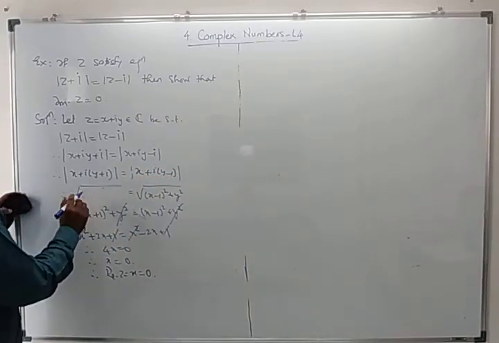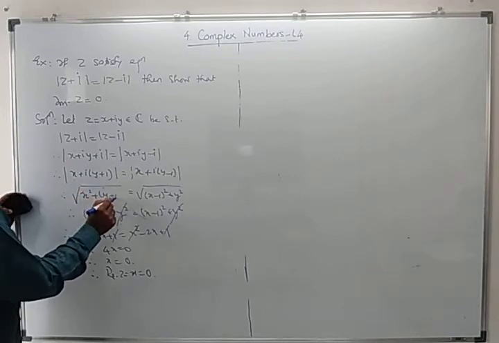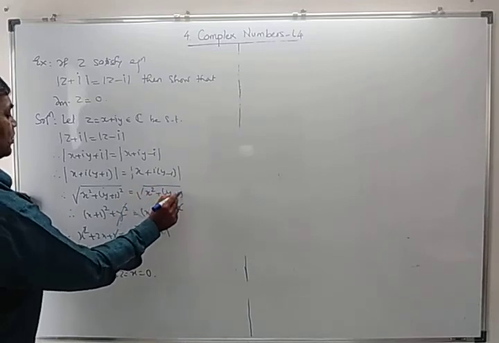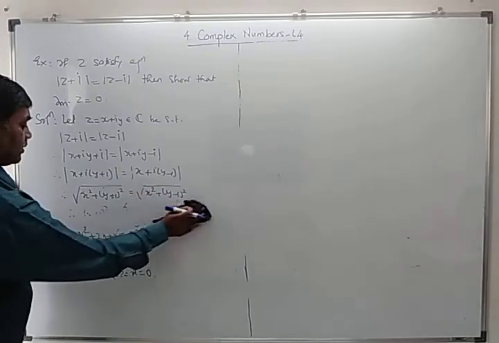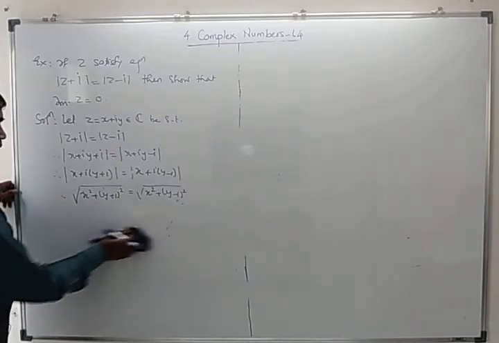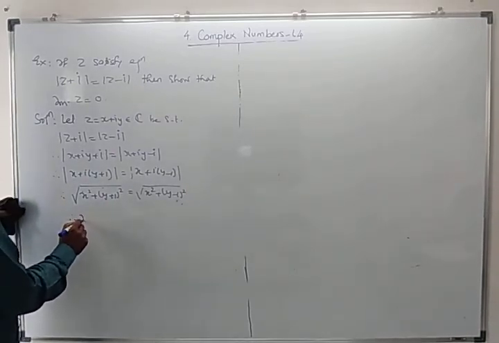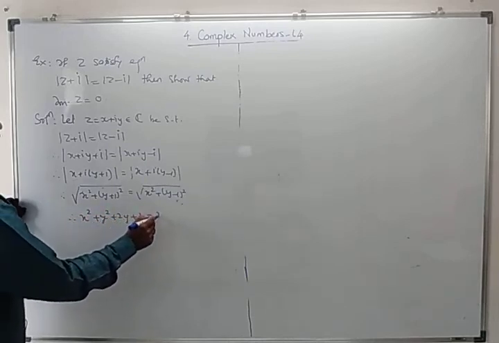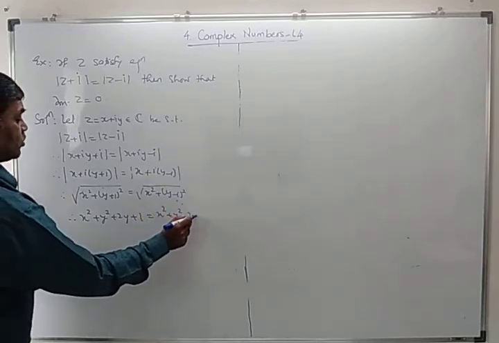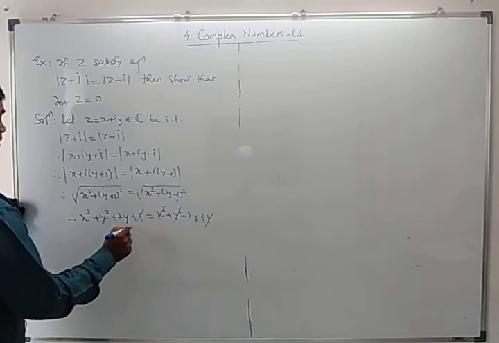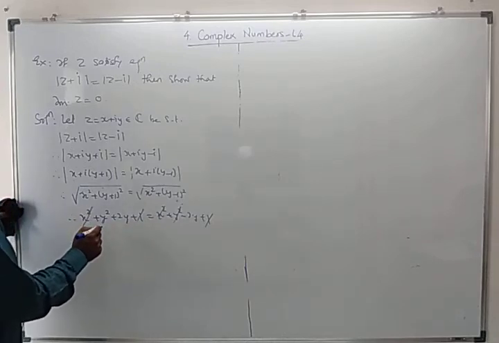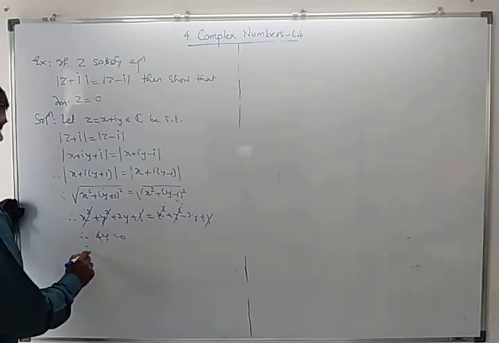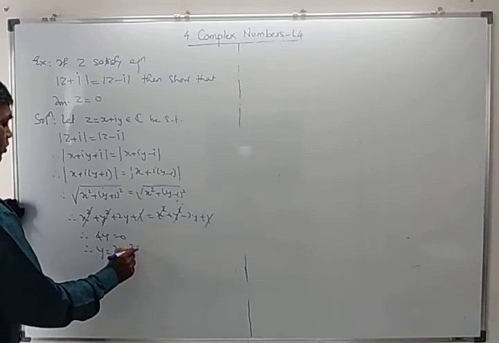Then we will get x² + (y + 1)², and here we will get x² + (y - 1)². Therefore, x² + y² + 2y + 1 = x² + y² - 2y + 1. So we will get 4y = 0 and therefore y, the imaginary part of Z, is equal to 0.